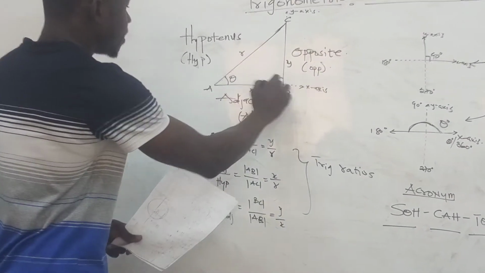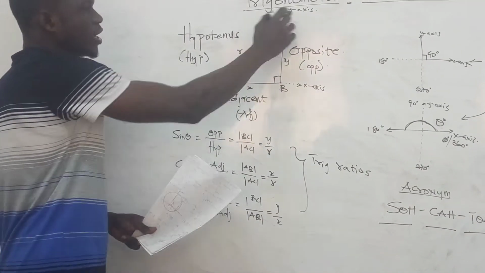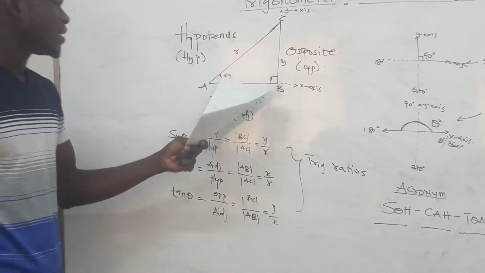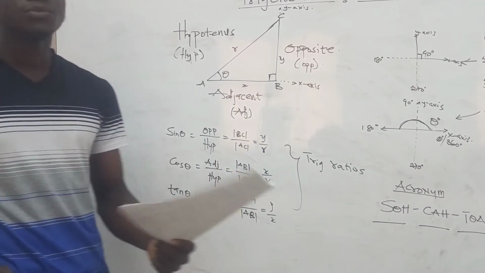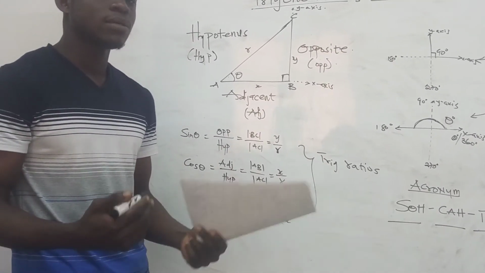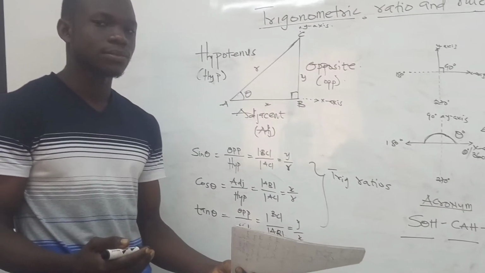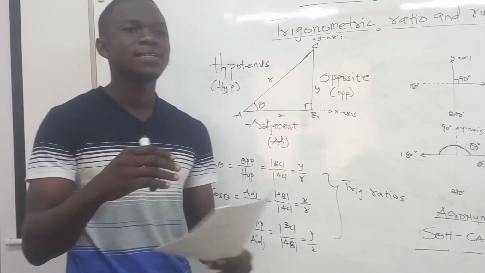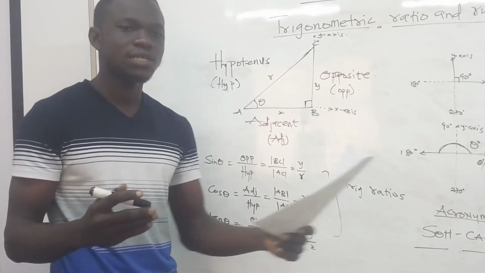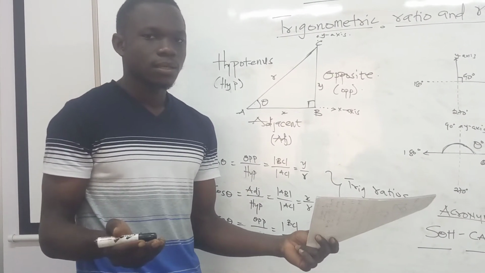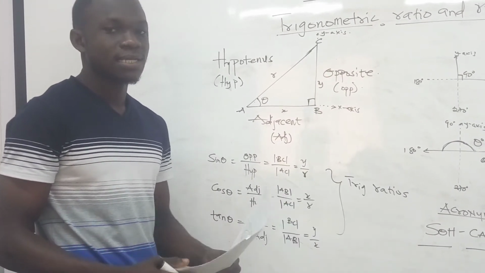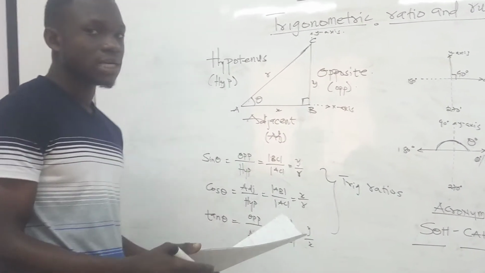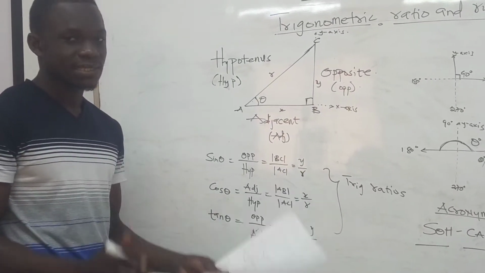Here is my right angle, there's a triangle forming, and there's an acute angle. Basically, the trigonometric ratio is dealt with using an acute angle. So wherever you find an acute angle forming on a circumference, the trigonometric ratio can be established with that acute angle, regardless of where it is found.